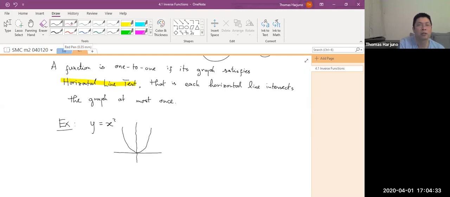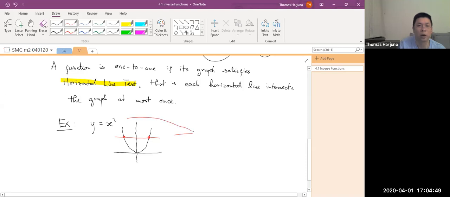But is it a one-to-one function? What we can do is draw a horizontal line. Now you see that we can find a horizontal line that intersects the graph twice in this case. Therefore, y equals x squared is not one-to-one.